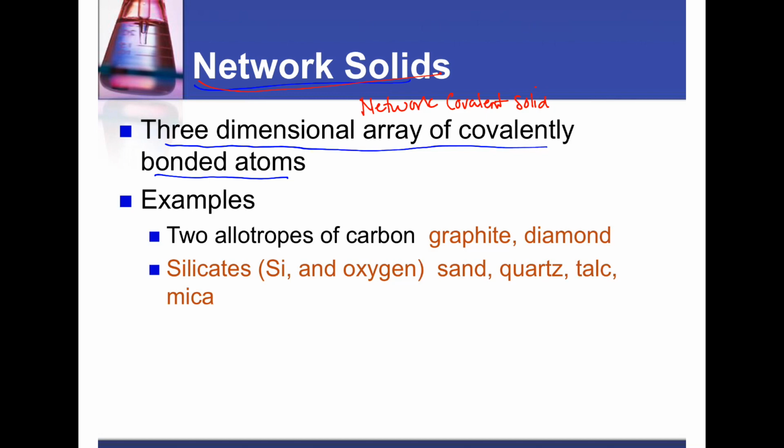Good examples would be diamond, which is just carbon atoms bonded to other carbon atoms in a crystal structure, and things like quartz, sand, glass. All those things are network covalent solids.